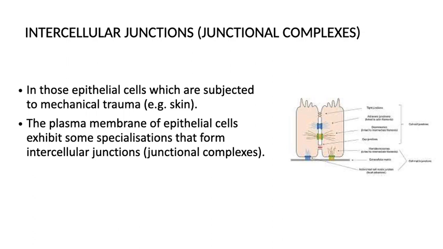Let us now discuss the junctional complexes. We said that the epithelial cells which are close to each other are adherent by junctions, and these are known as the junctional complexes, or intercellular junctions. Here there are certain molecules known as cell adhesion molecules, or CAM.